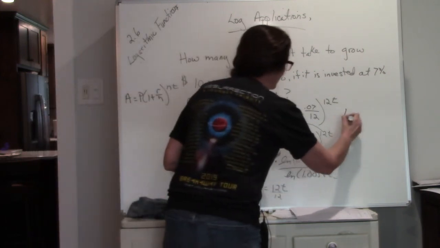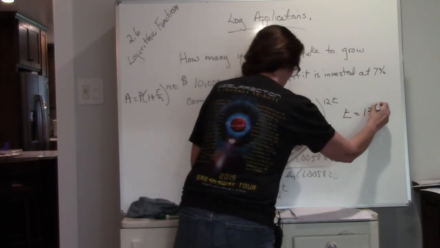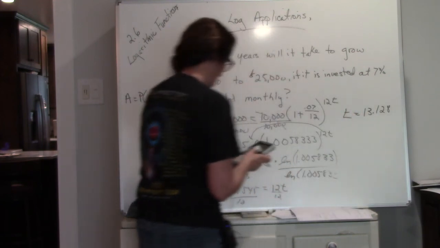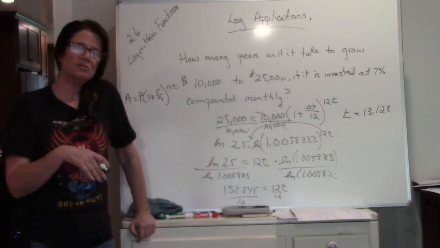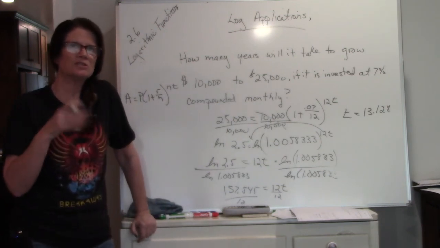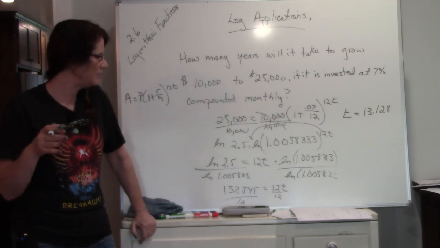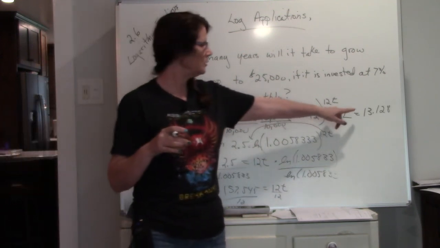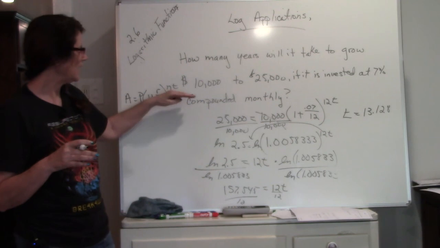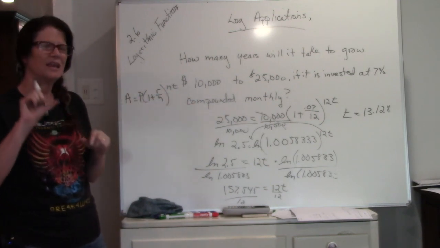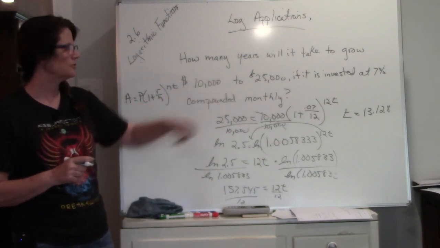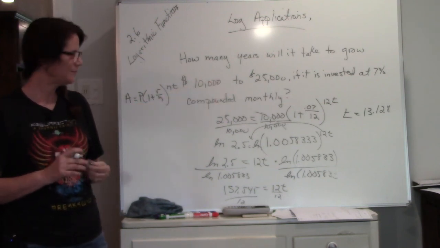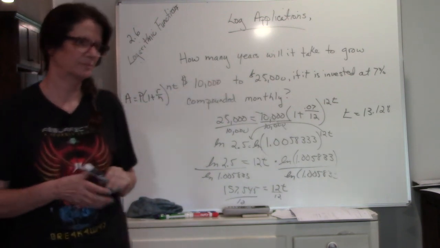So my time is 13.128. Okay, so if you remember the last one when we did continuous compound, it was 13.028, I believe. This time it's 13.128. So because it's compounded monthly, it's going to take me just a little bit longer to be able to grow my money from 10,000 to 25,000. Okay, and that's it.